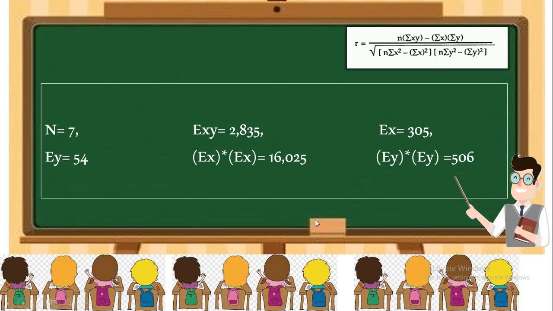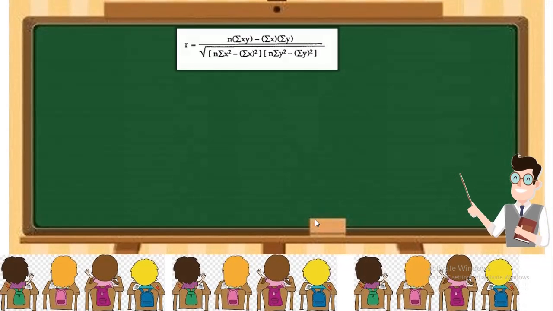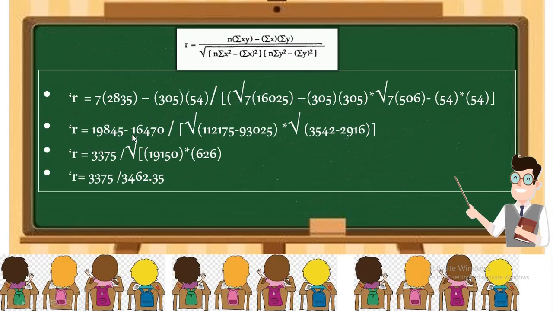Now let us put these figures into the formula, and we get the Karl-Pearson correlation. In place of n we put 7, in place of sigma xy we put 2835, minus, which is the sign used in the formula, sigma x 305 multiplied by sigma y 54, divided by the under root of n, which is 7, times sigma x square, which we found to be 16025, minus sigma x the whole square.